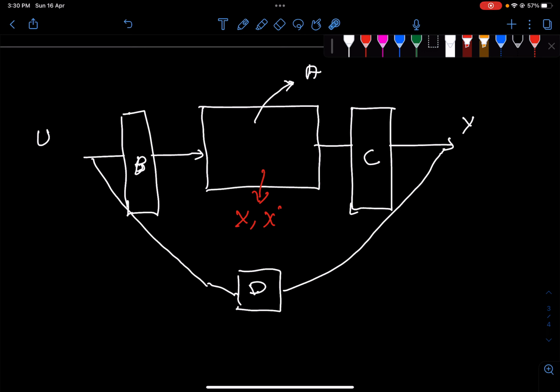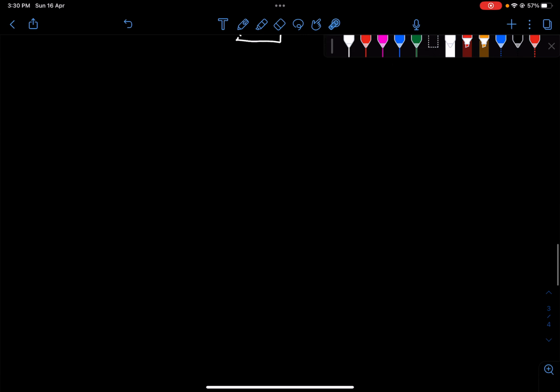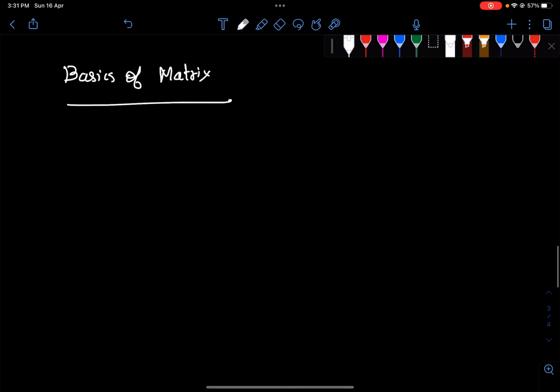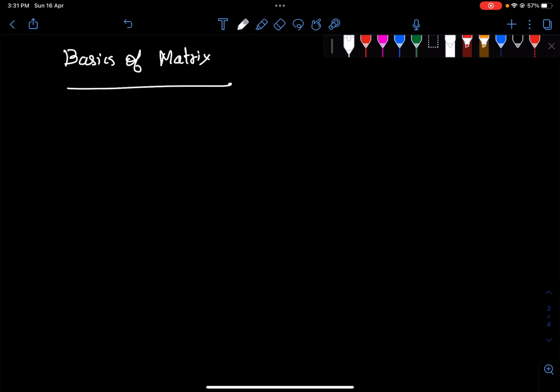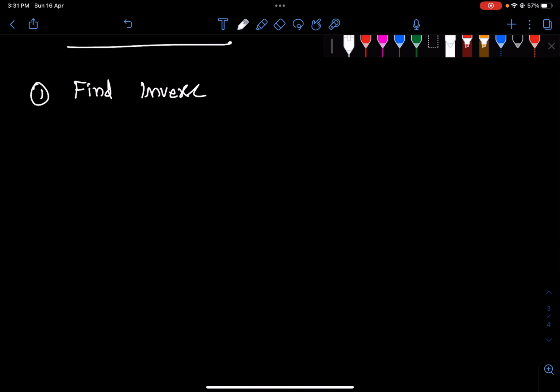Before going further into the state matrix concept, we will deal with some basics of matrices. First I have to discuss how to find the inverse. Using a calculator you may be expert, but these are the basics: how to find the inverse of a 2 by 2 first, later 3 by 3.